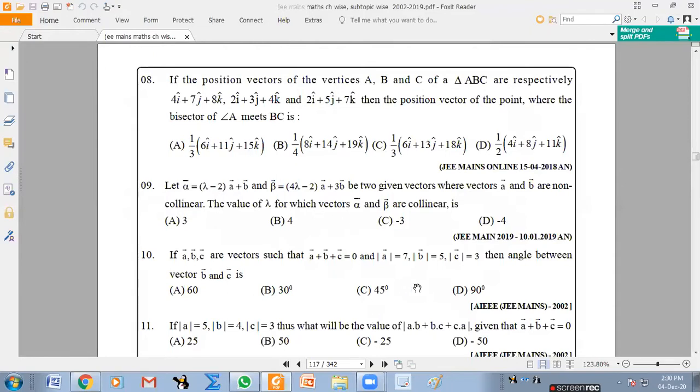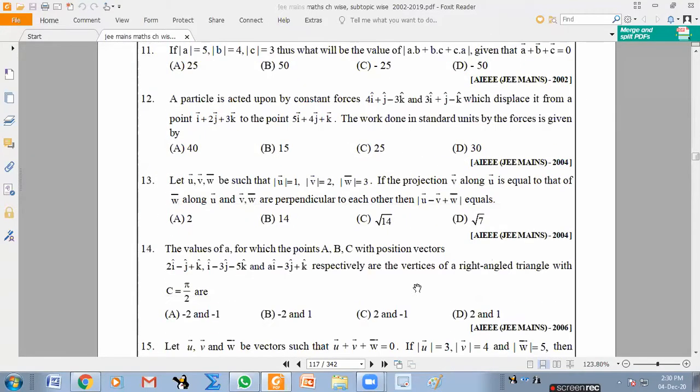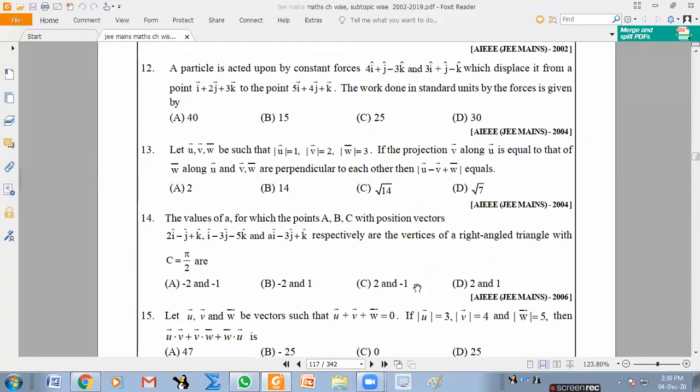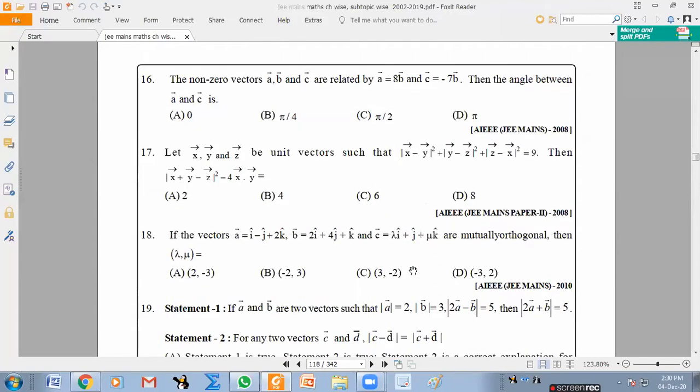That means exactly 1 year back. Up to 15, any doubt? Up to 19?